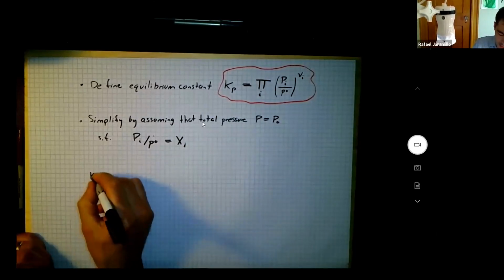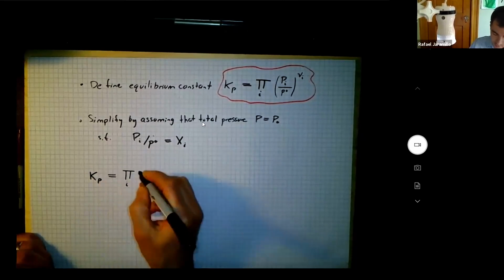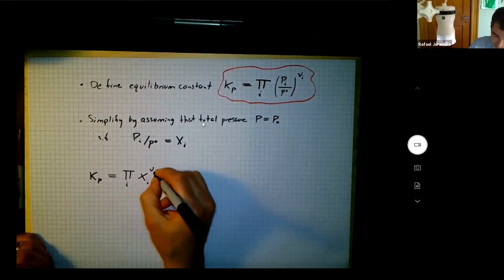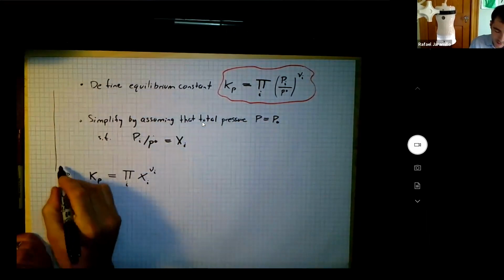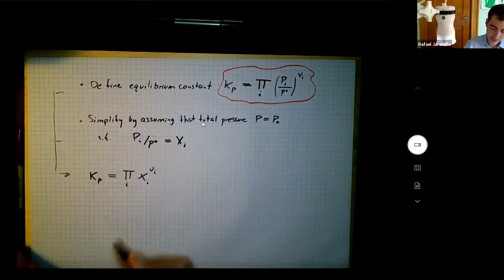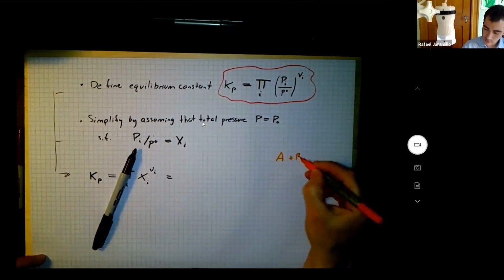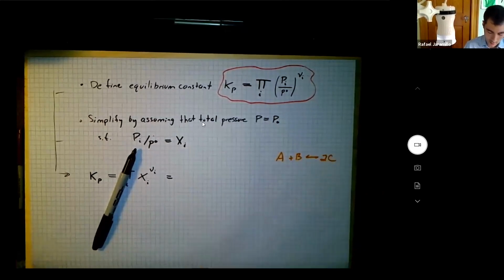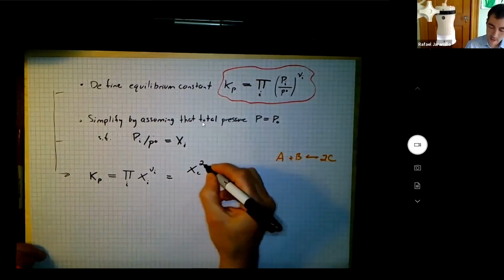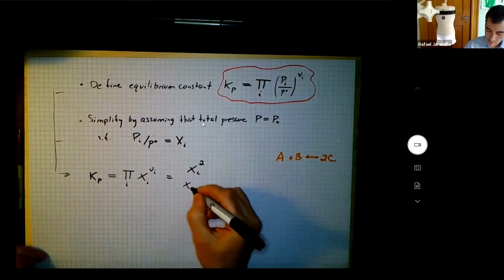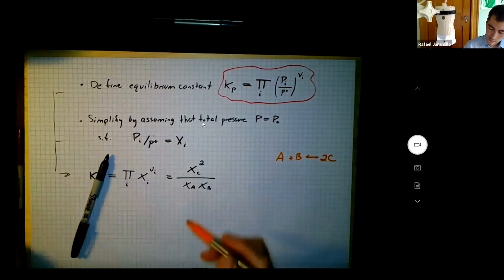And if we make that simplification, we get a cleaner expression for the equilibrium constant, which is the one that we're going to use most often in this class. And for this reaction, again, for the reaction of A plus B going to 2C, this equilibrium constant is the mole fraction of C squared over the mole fraction of A and mole fraction of B.